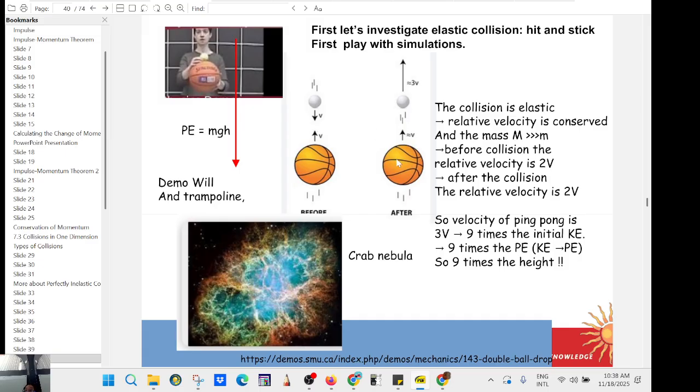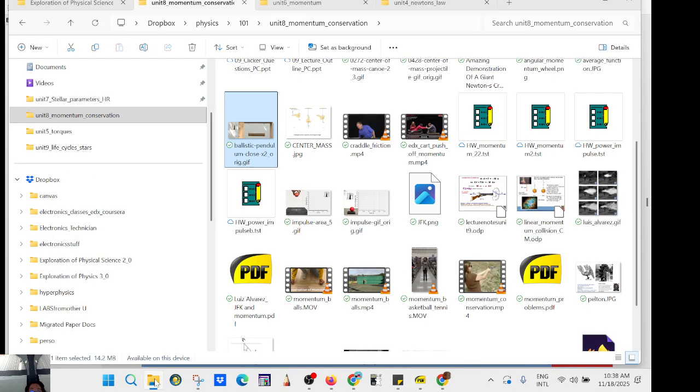After they collide, it's still going to be 2v. So this one will have 3v relative to this one. It's an approximation, for when the mass is very large. Anyway, momentum is transferred, and the consequence depends on the mass. Sometimes momentum goes into the mass, sometimes into the speed. We did that last time.